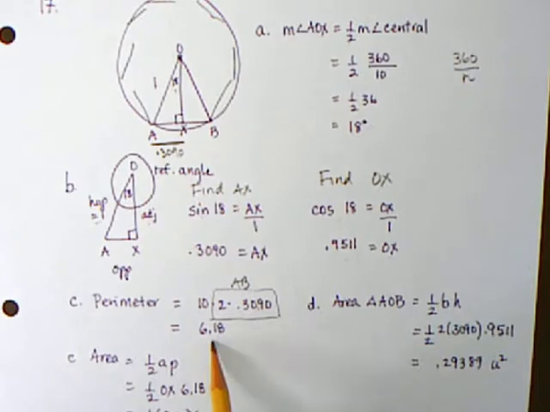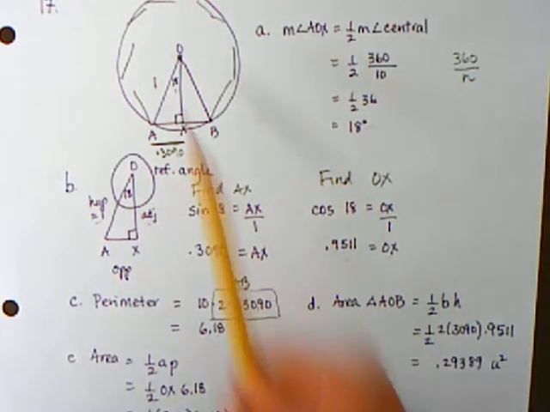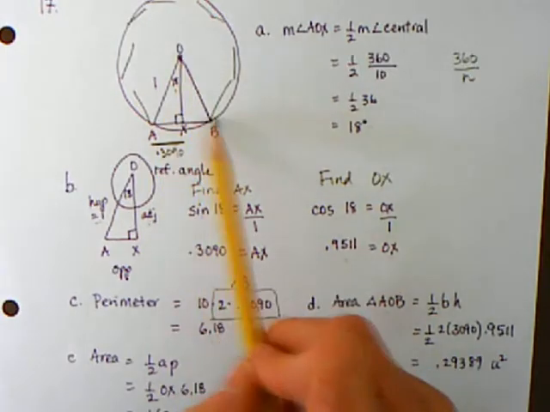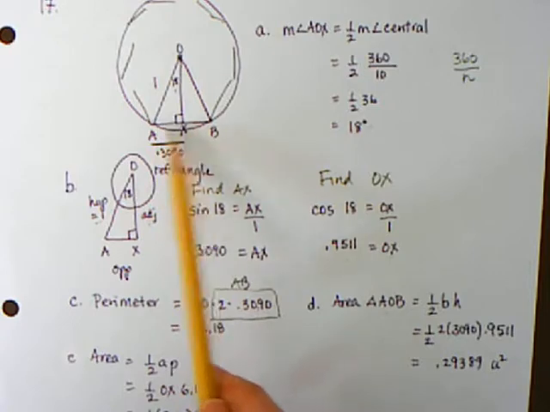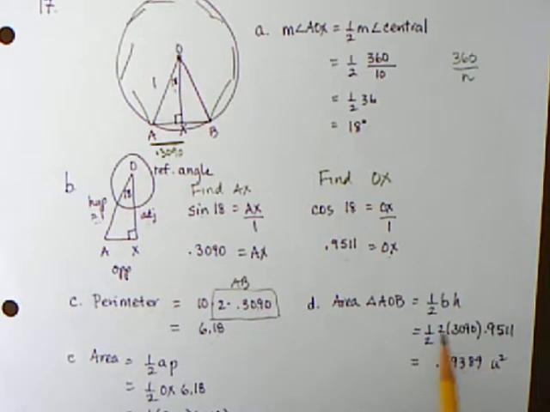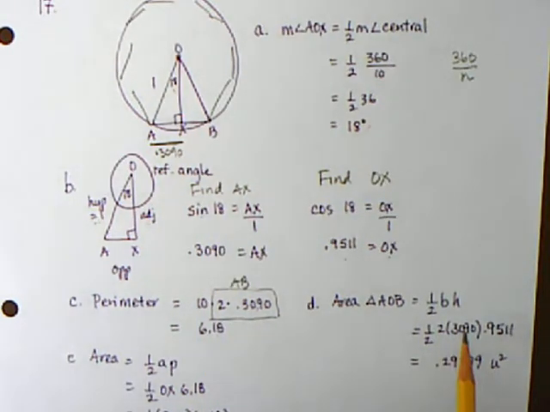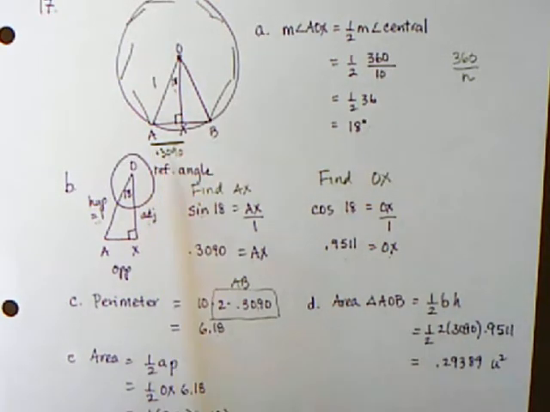That's the perimeter. Now, they also ask for the area of AOB. All right, AOB is this triangle. So it's the base, that's twice my AX. AX is 0.3090, so twice that. That's the base. So the area of the triangle is 1/2 the base, the base is 2 times this, times the height.